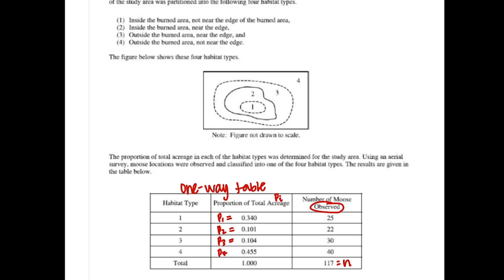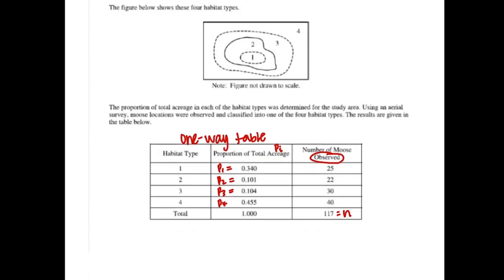So this question is asking us, if you look on the next page, it asks, conduct an appropriate statistical test to determine if the data are consistent with the expectation that the number of moose observed in the habitat is proportional to the amount of acreage. So the way that we would set that up is, it's a one-way table.